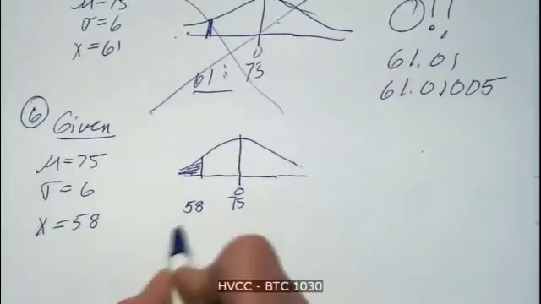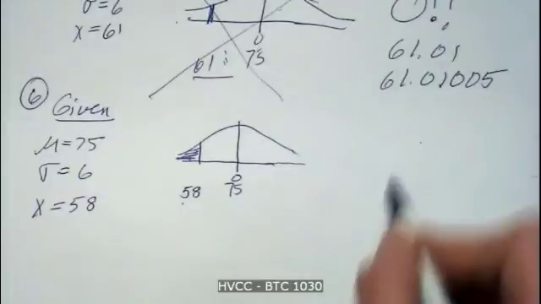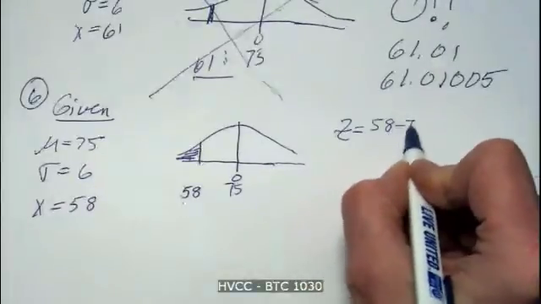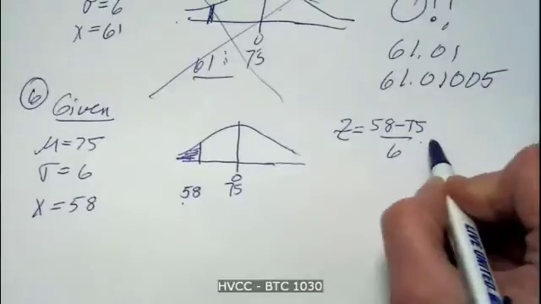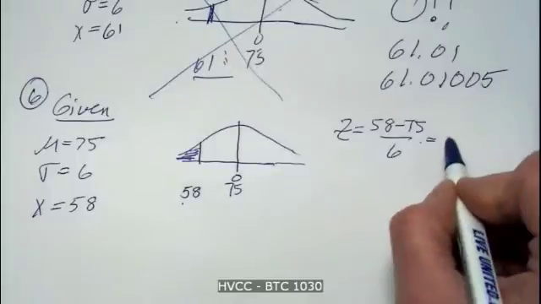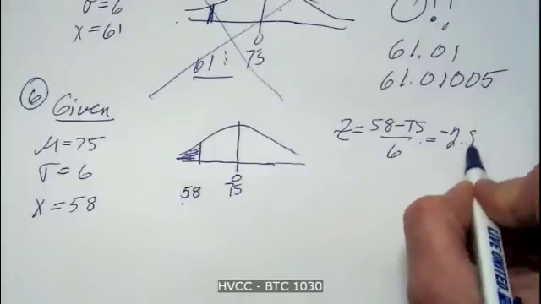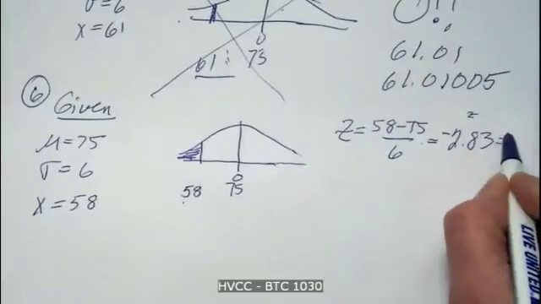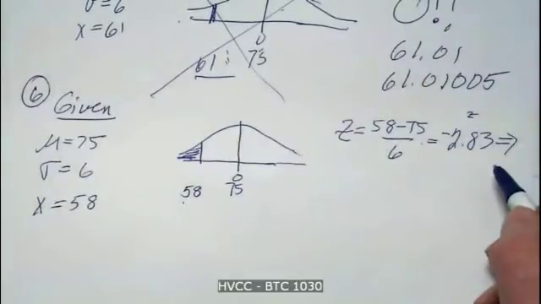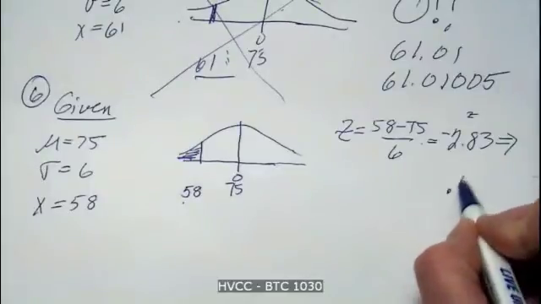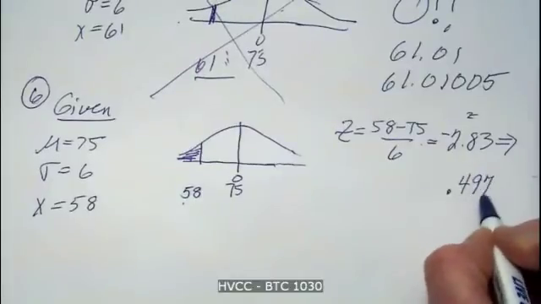Okay, so I gave you one Z, so let's calculate it. Z, 58 minus 75 over 6 is negative 2.83. This is a Z. If you look it up in the table, which you should be doing as I discuss this, you will find a percent of 0.4977.